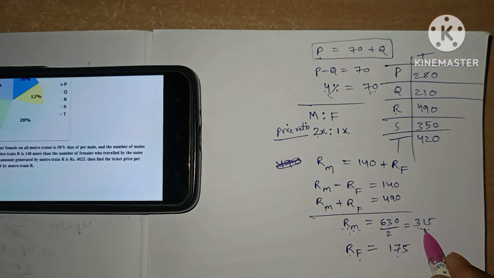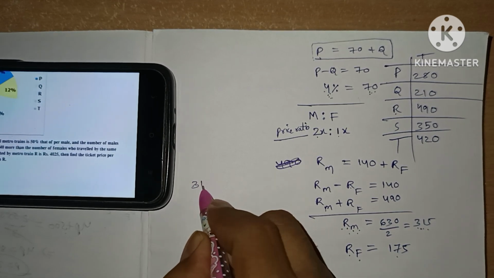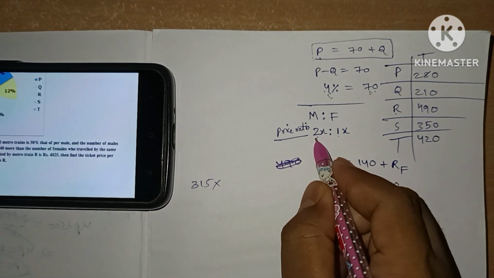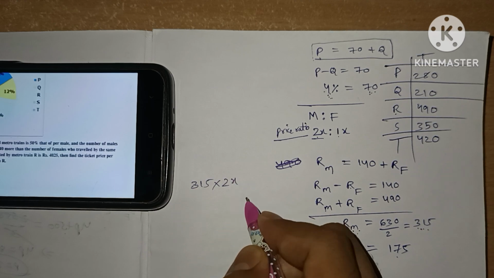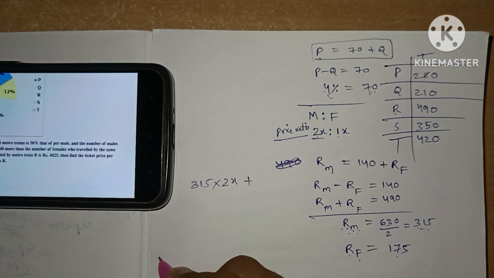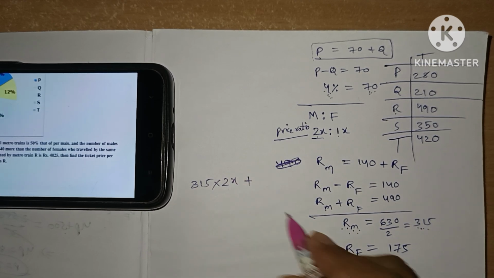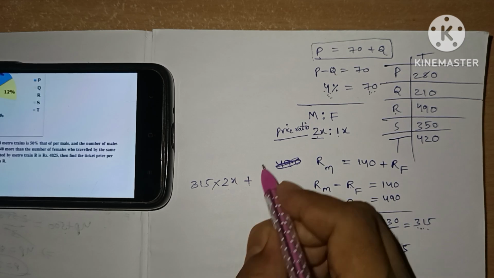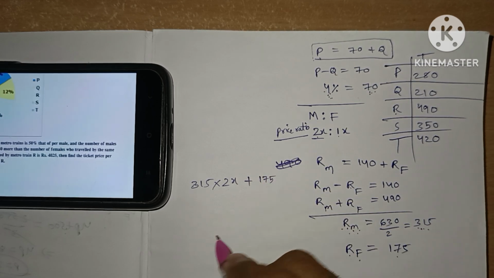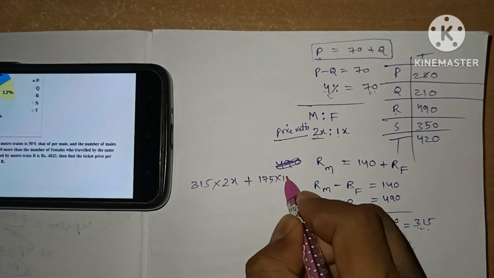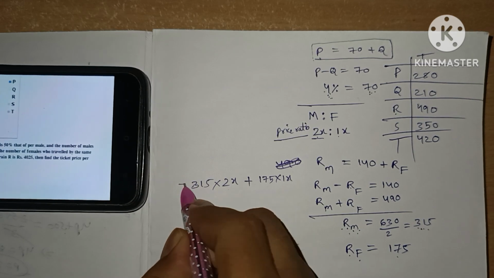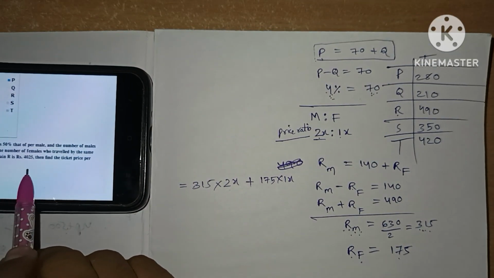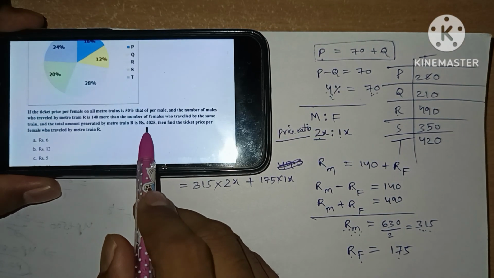Number of males is 315, so 315 males with 2x rupees plus 175 females with 1x rupees. Total is 4025.